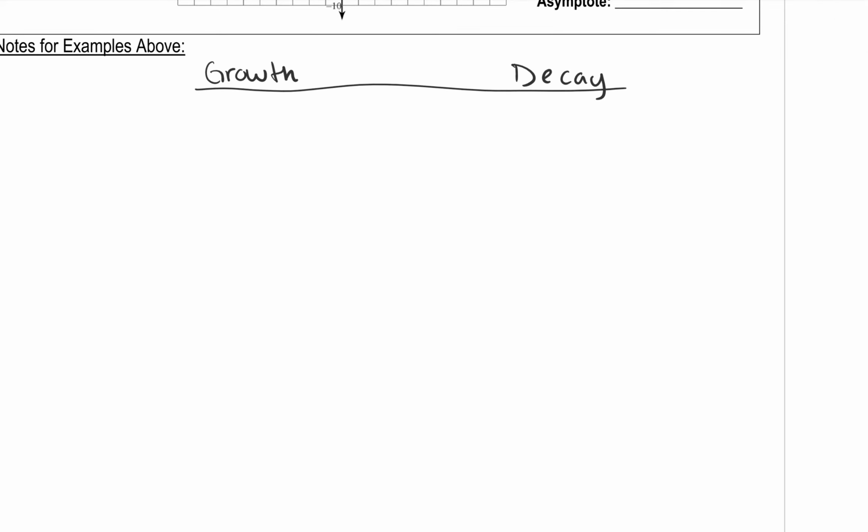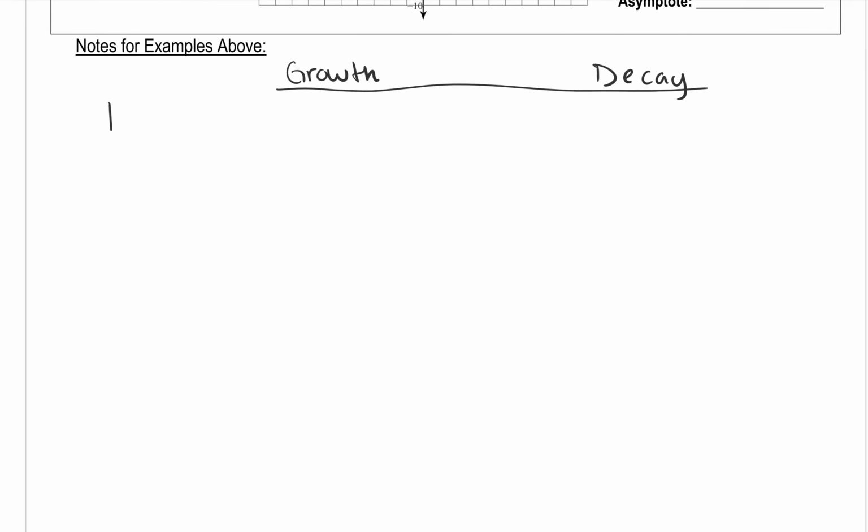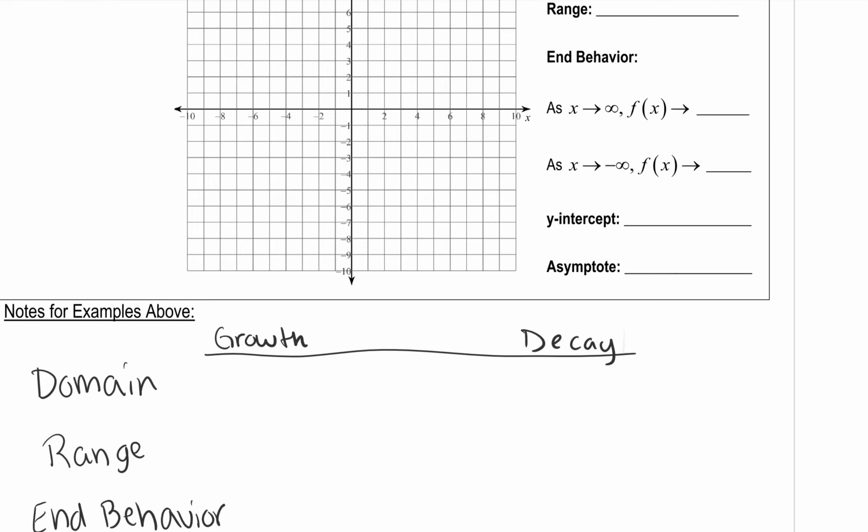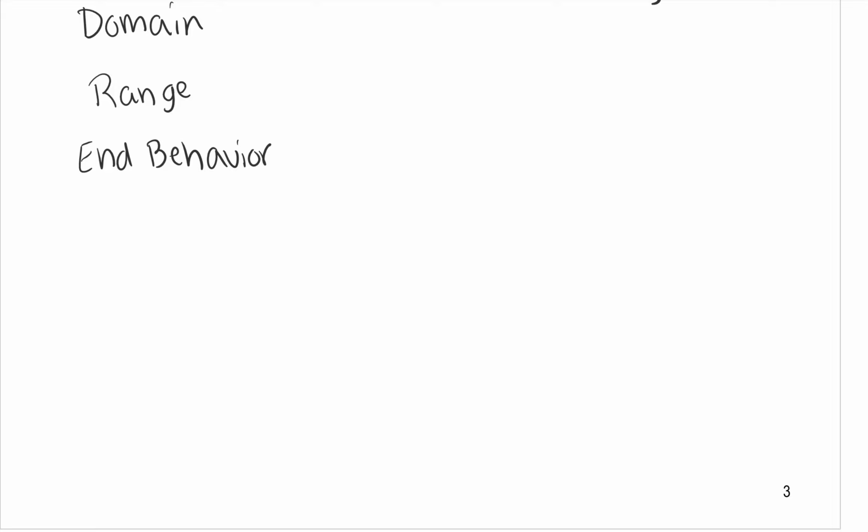So I'm not sure how far down I need to go. So over here, I'm just going to copy what we have to fill in for our answers. So I have domain. I have range. I have end behavior. I'm going to skip a little bit of space because I have 2 of those, right? What else do we have? Y-intercept and asymptote.